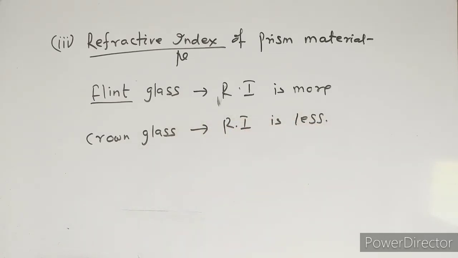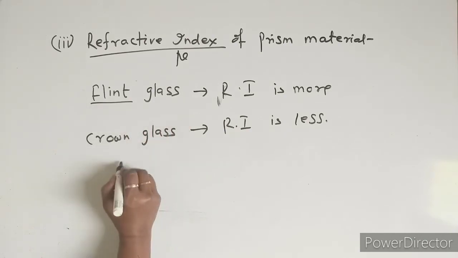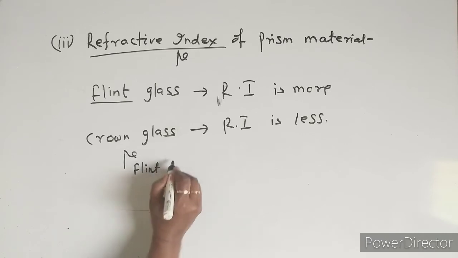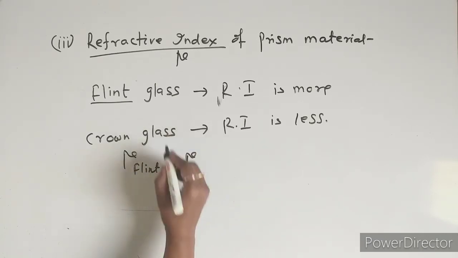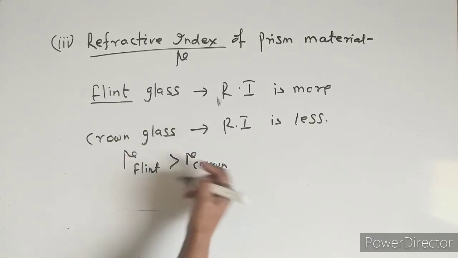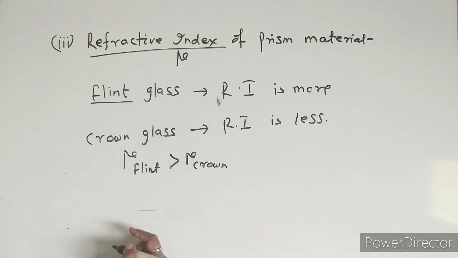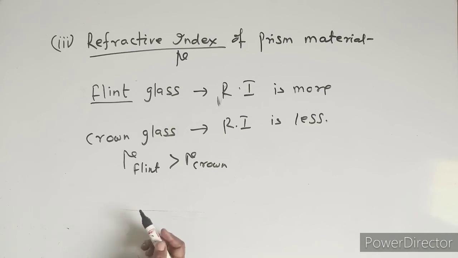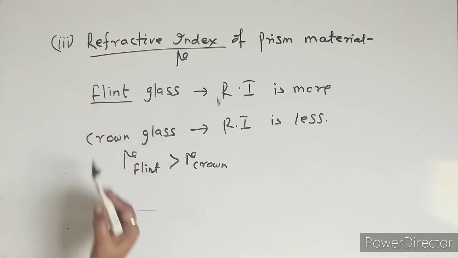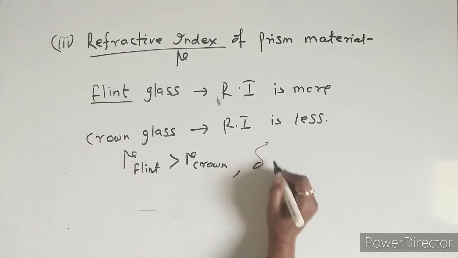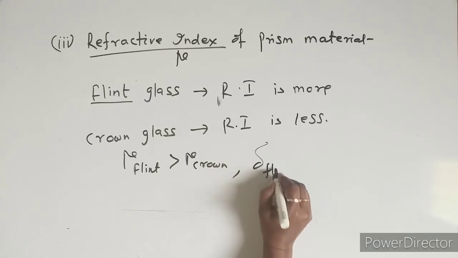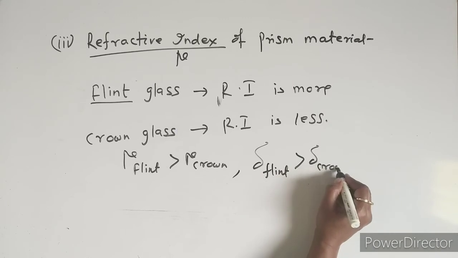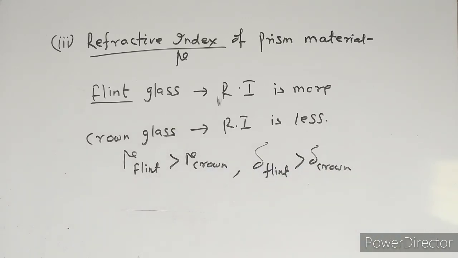So what will the deviation be? We can write here mu of flint glass is greater than mu of crown glass. What does it say? It says that the deviation produced in the flint glass will be more than the deviation produced in the crown glass.